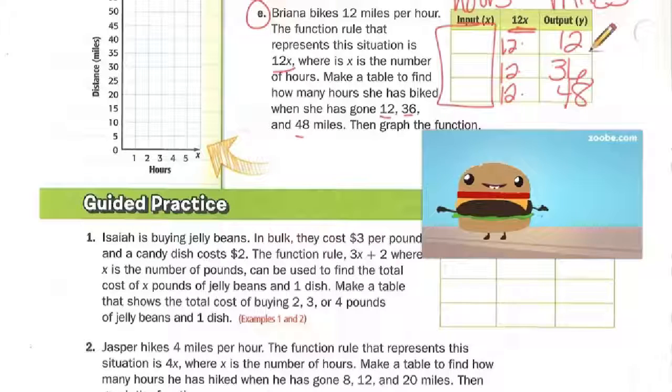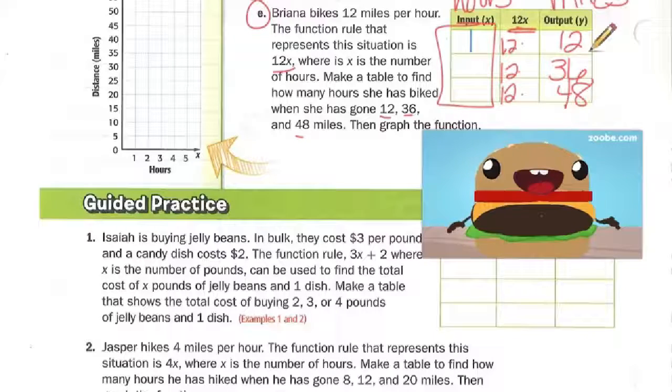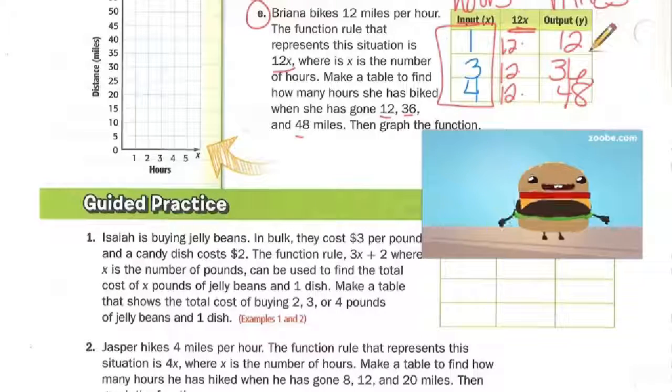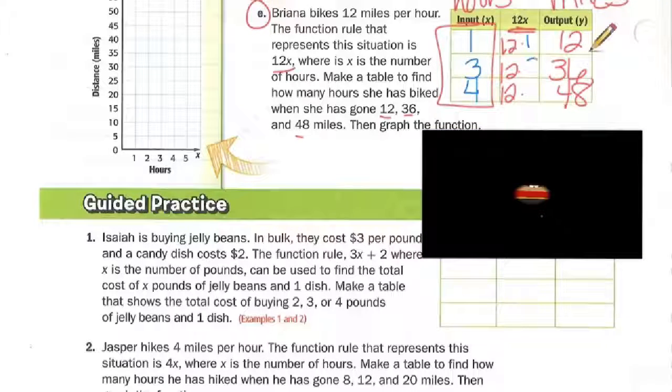Hi again. The answers should have been an input of 1 hour, 3 hours, and 4 hours. Your ordered pairs should have been 1, 12, 3, 36, and 4, 48, and they should have been graphed on the table. So 12 times 1 is 12, 12 times 3 is 36, and 12 times 4 is 48.